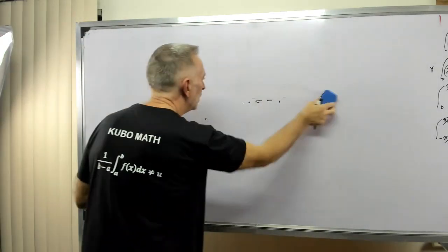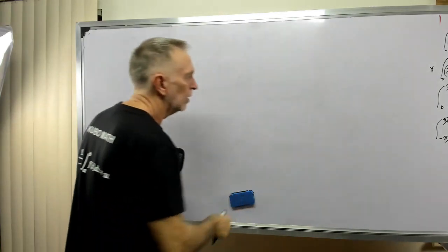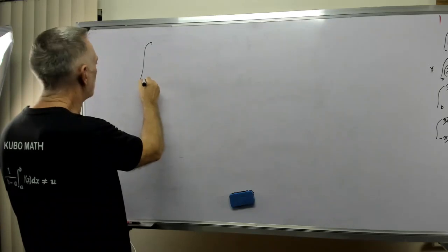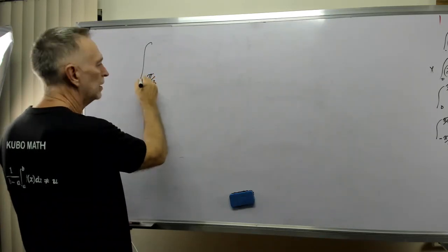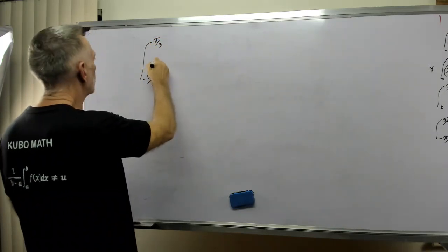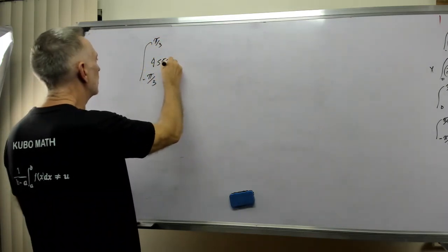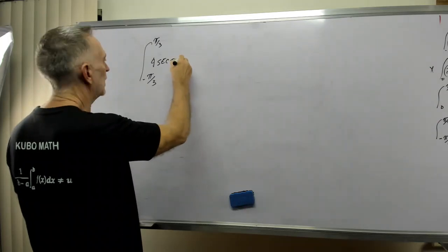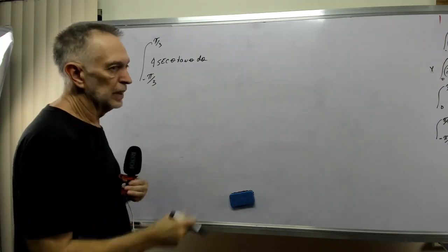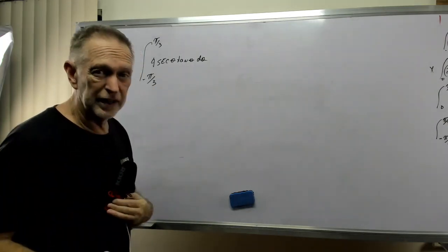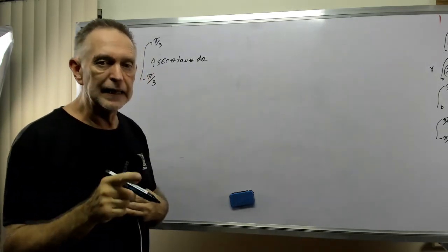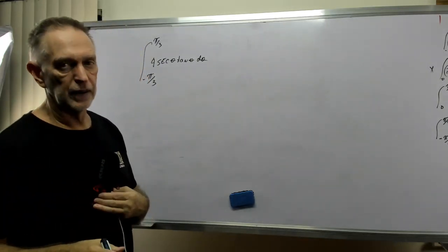All right, one last one. We have the integral from minus pi over 3 to pi over 3 of 4 secant theta tangent theta d theta. Now this is where you need to know your derivatives. The derivative of secant theta is secant theta tangent theta.